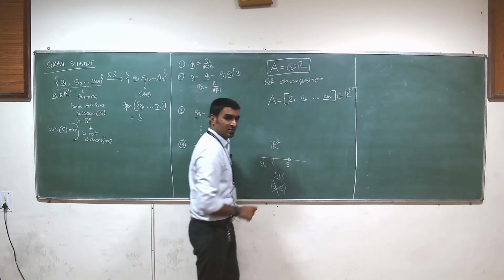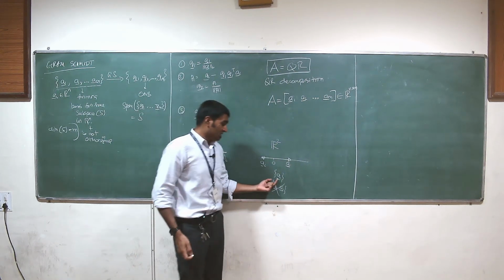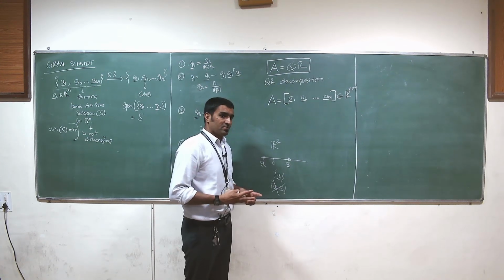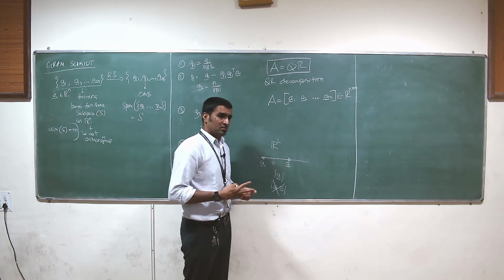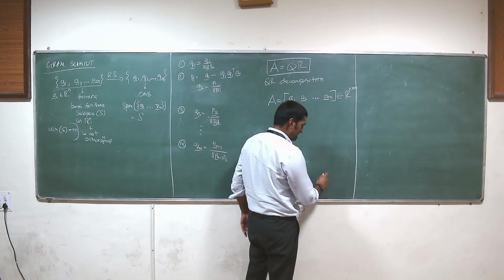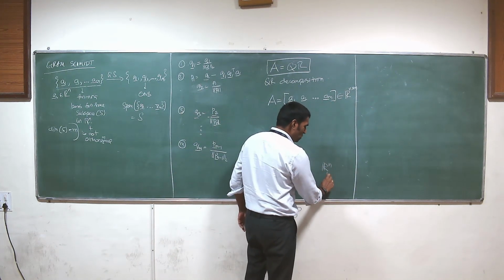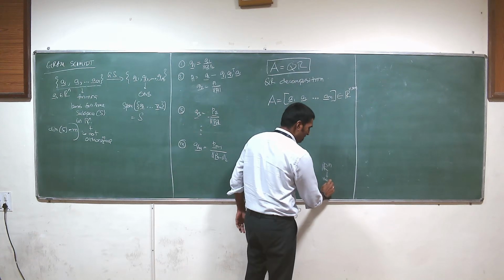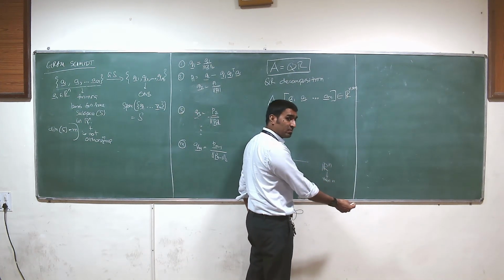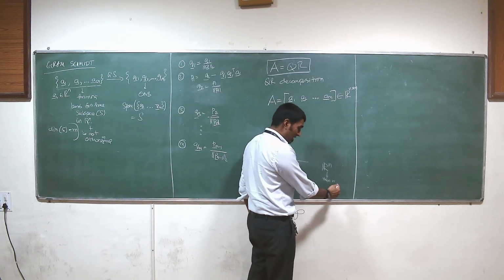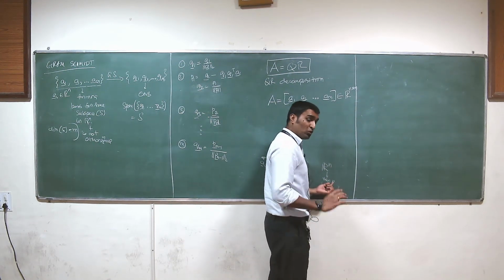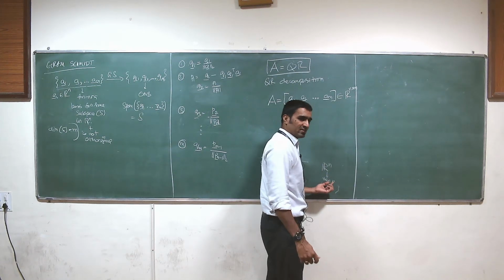What about R2? How many vectors can I choose such that the set remains linearly independent? Two. We did this in the first lecture. From Rn, you can only choose a maximum of n vectors such that the set remains linearly independent. The moment you have a set that has more than n elements, for sure it's linearly dependent.